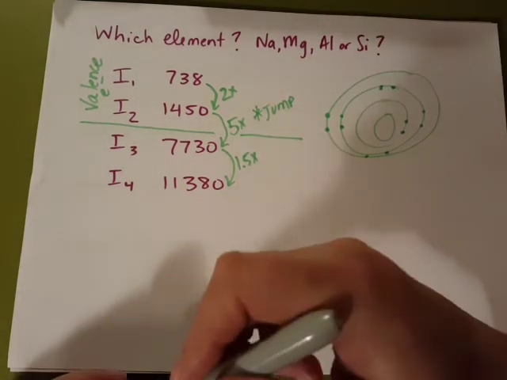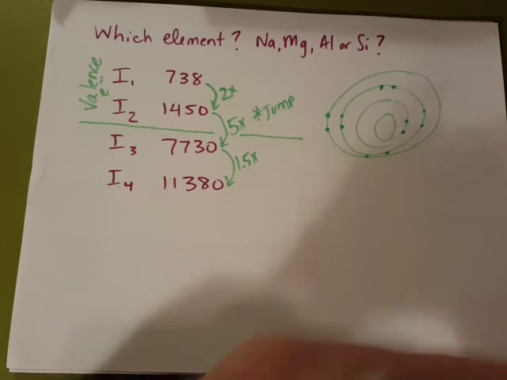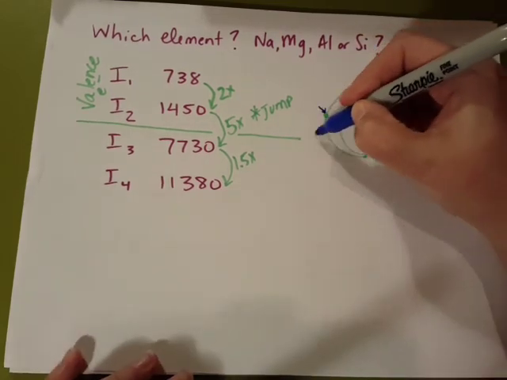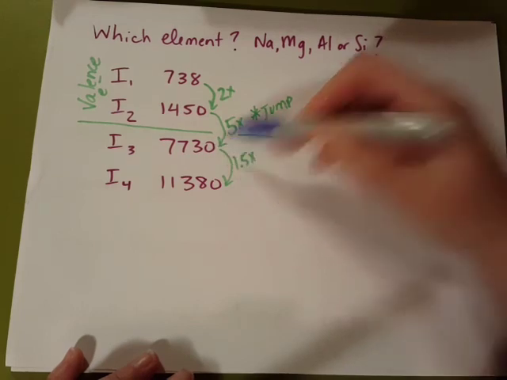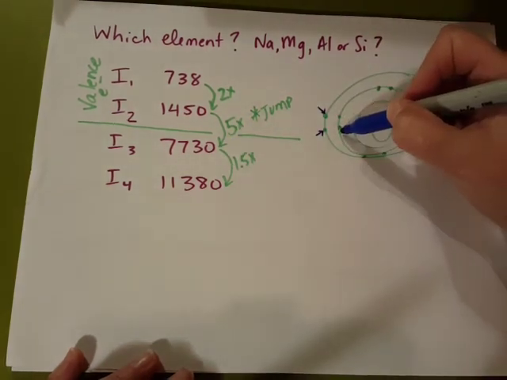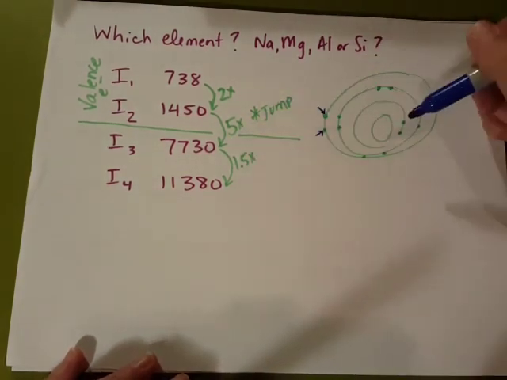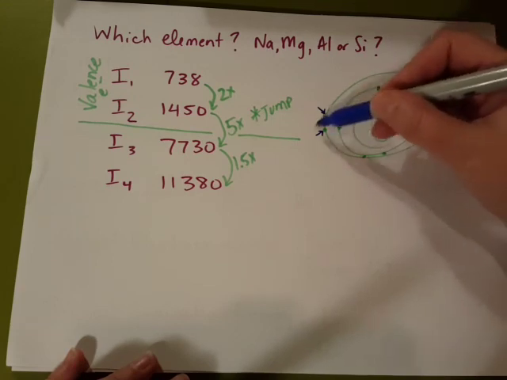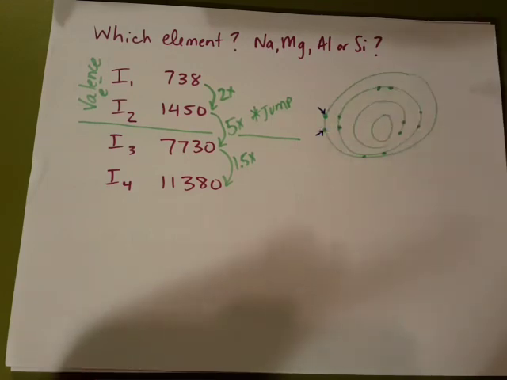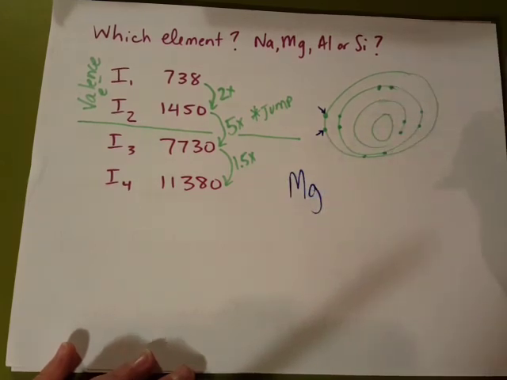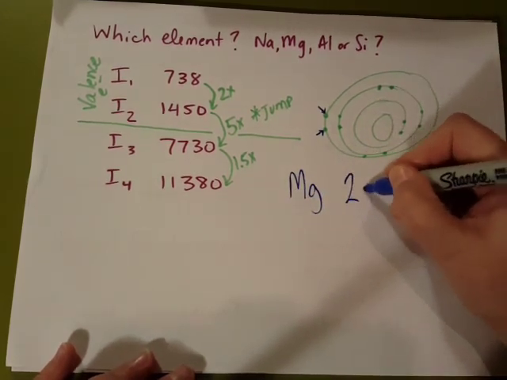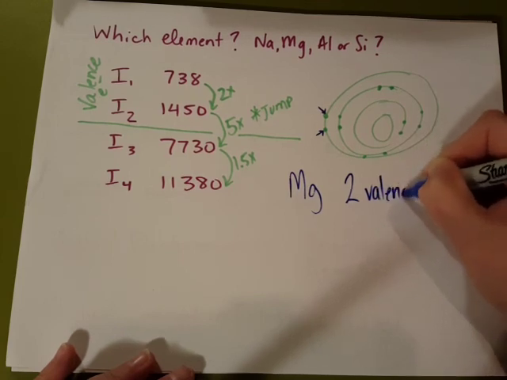So you can remove these first 2 easily. But if you want a third one, it's going to cost you. It'll cost you 5 times as much energy as you spent on getting these. So for this, we would say this is probably magnesium. Why? Because it's showing 2 valence electrons.